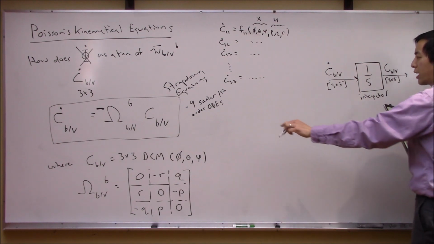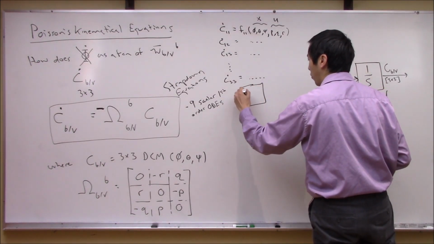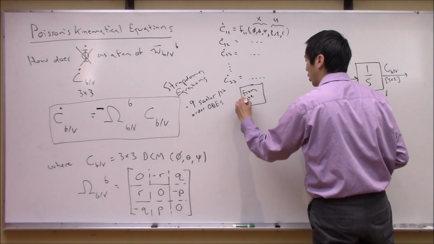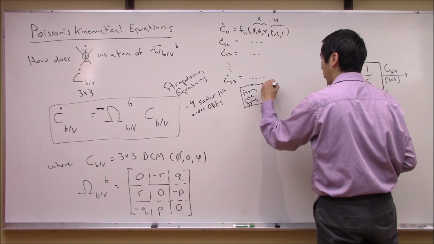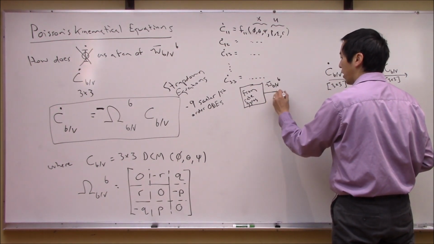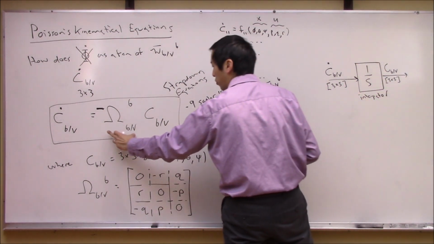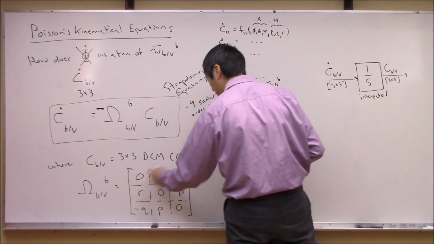Now we're going to have rate gyro information coming from over here, from rate gyros. What comes out of this is little omega_B with respect to V expressed in the body frame. First, I'm going to formulate capital Omega_B with respect to V by building this 3 by 3 matrix.